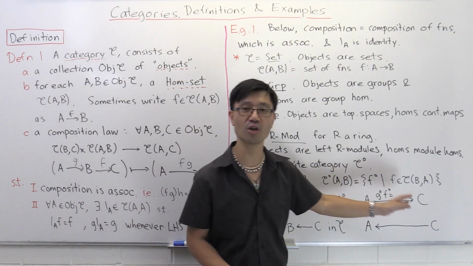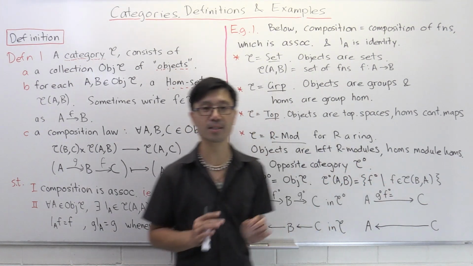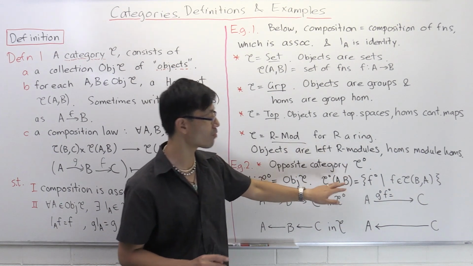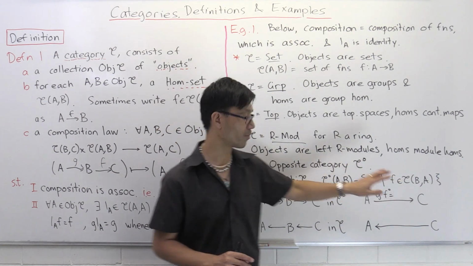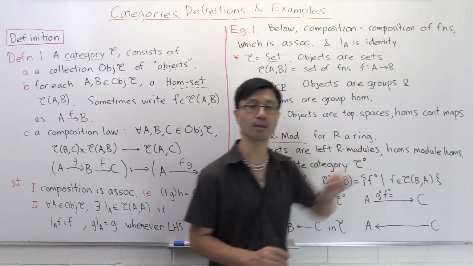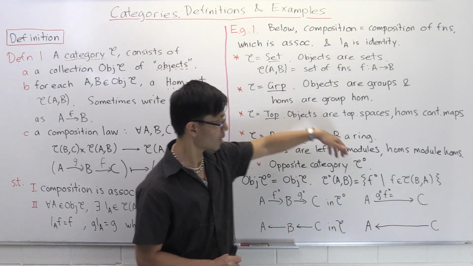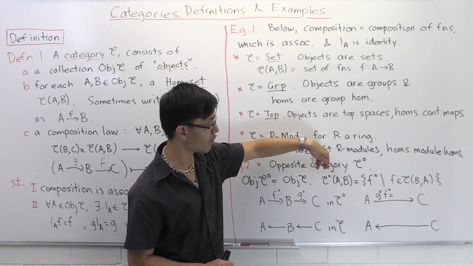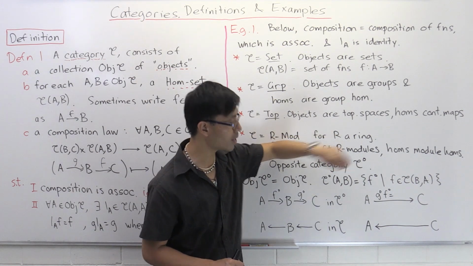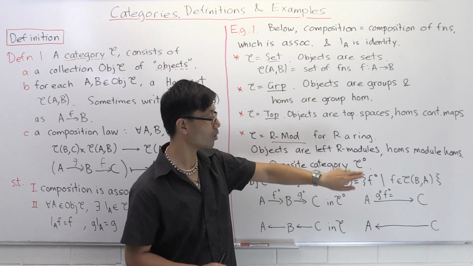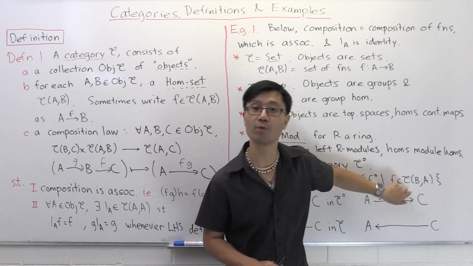The Hom sets actually don't change that much, but just to make things a little bit clearer, I'm going to replace each of them with a copy of the Hom sets inside C. So in the opposite category, the Homs from A to B, you're going to get them by looking at the Homs from B to A in the original category.